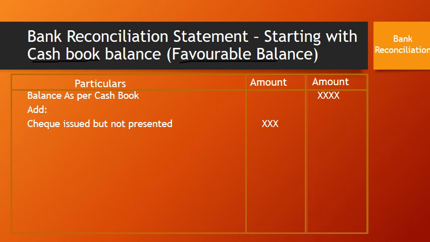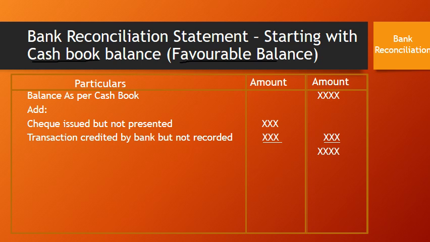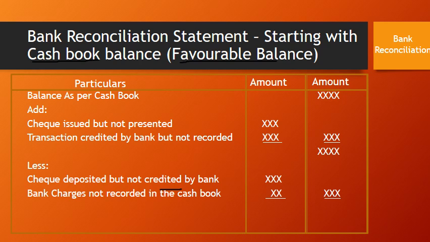We are adding checks issued but not presented, and transactions credited by bank but not recorded. We get a revised balance. Out of that, we are reducing checks deposited but not credited by bank, and bank charges not recorded in the cash book.